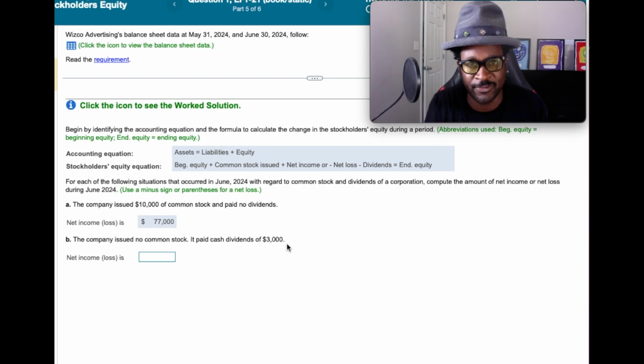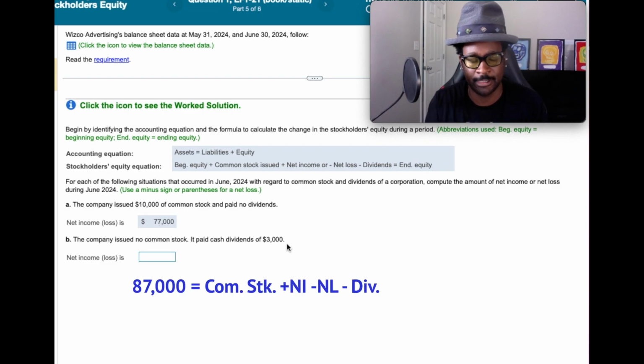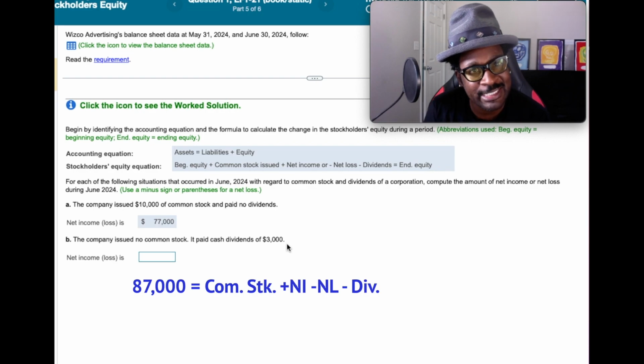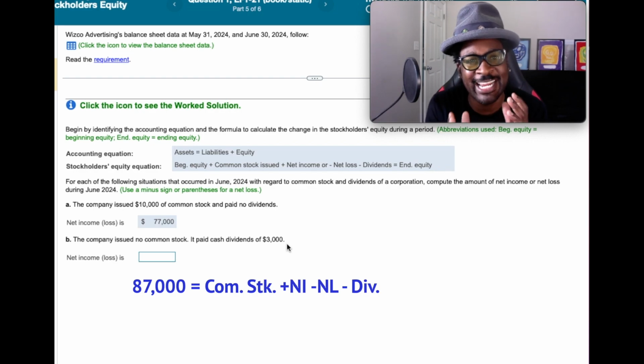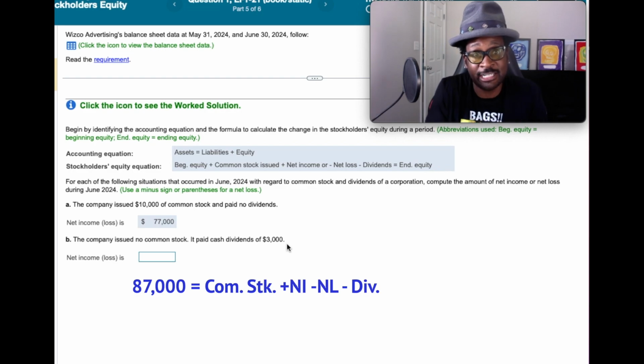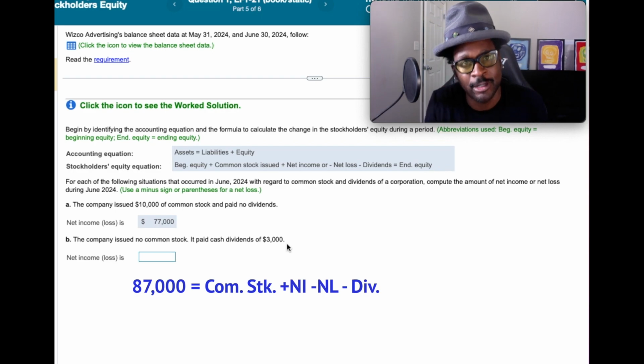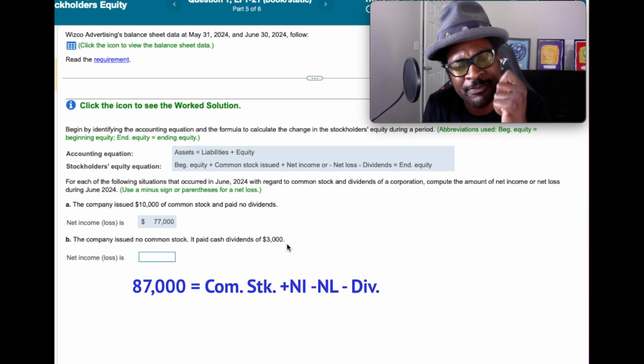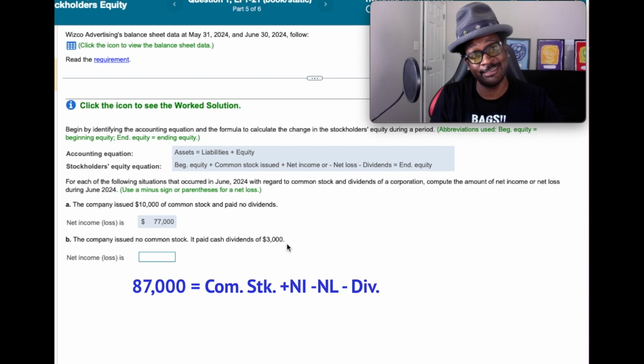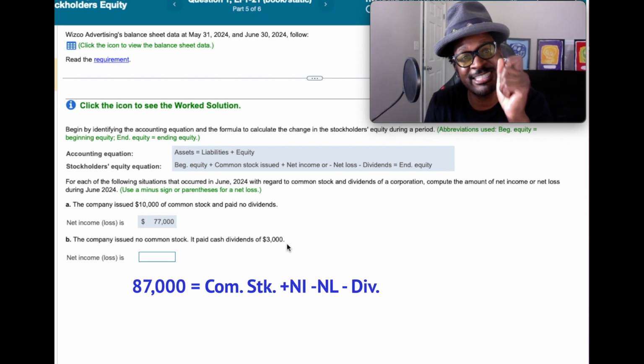We're going to use the same formula, but this time we have no common stock that was given. Since no common stock was given, we still know that the $87,000 increase in stockholders' equity has to come from net income. We just have to calculate the amount. But this time, we've given $3,000 in dividends, and we know dividends decrease our retained earnings balance.